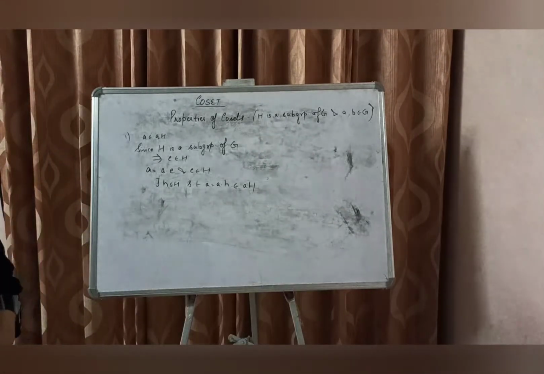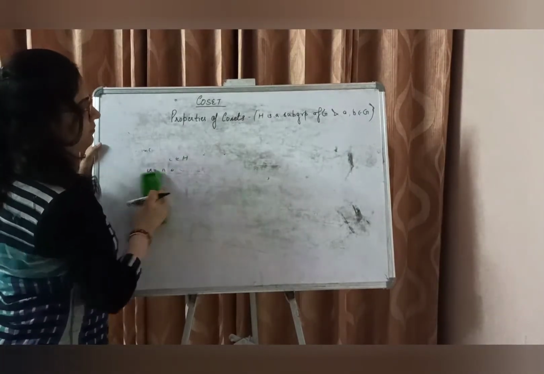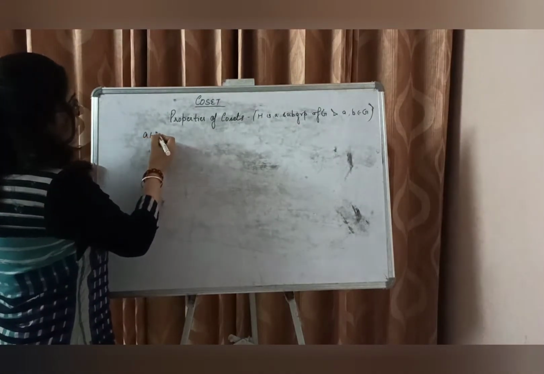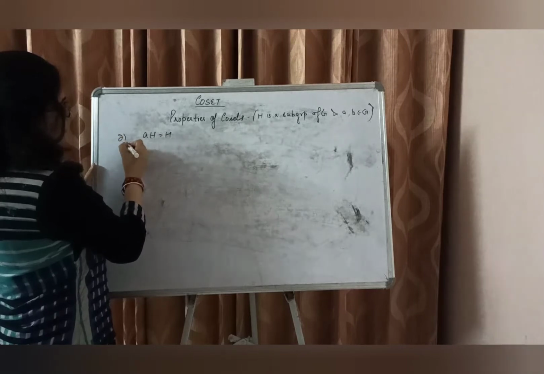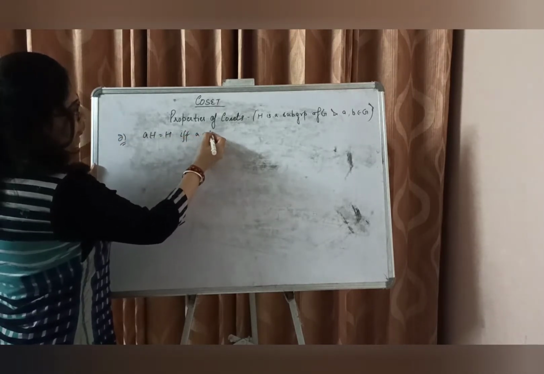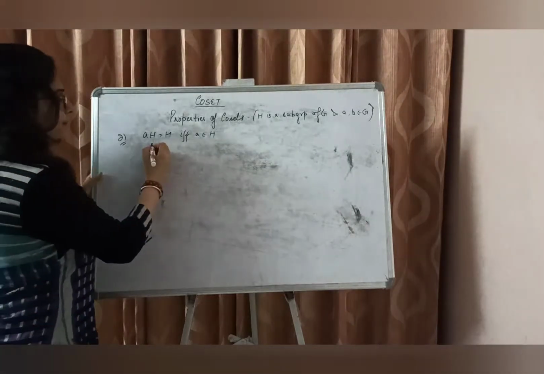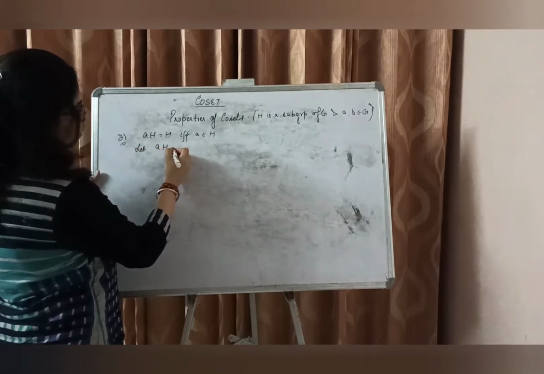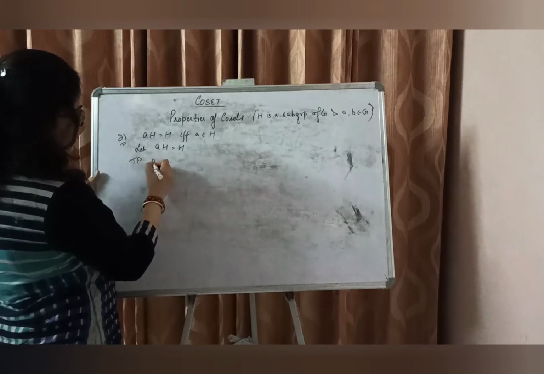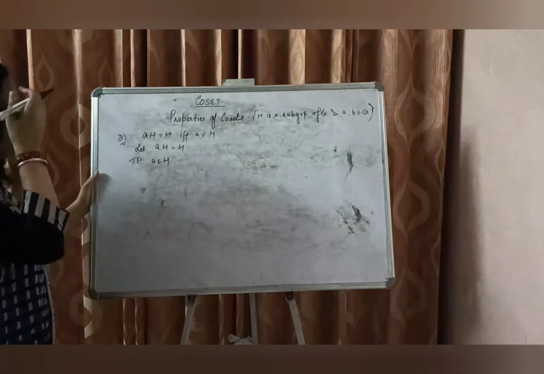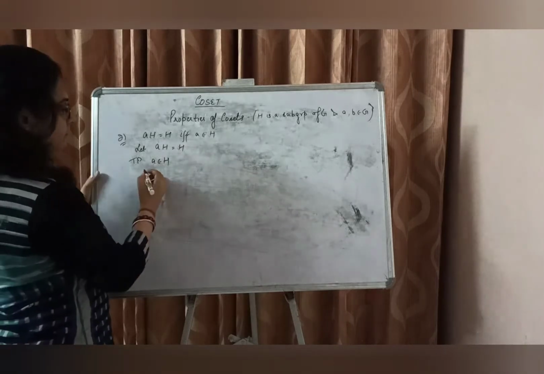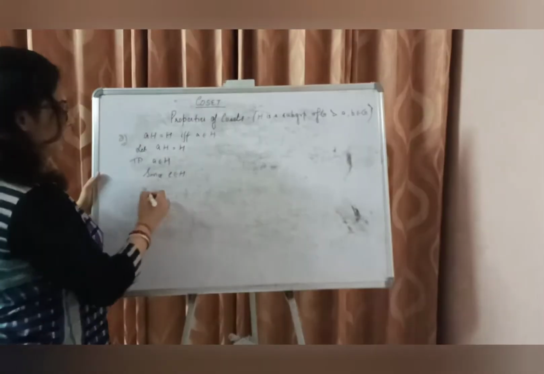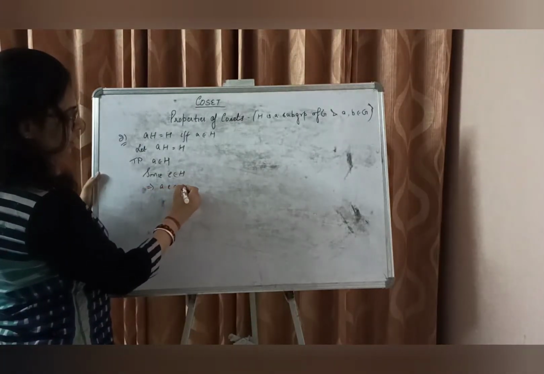The second property is aH is equal to H if and only if a belongs to H. So let aH be equal to H; we prove a belongs to H. Since e belongs to H, this implies a into e belongs to aH.